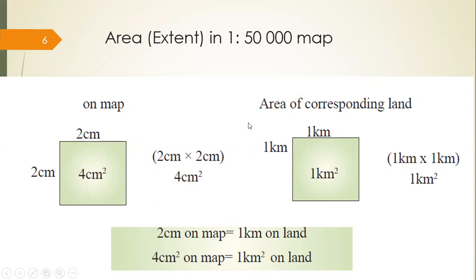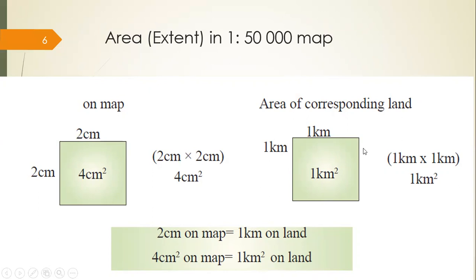Then from the real ground, it's 1 kilometer, the distance. Then 1 into 1, we have to find the area, width into height, that is 1 square kilometer.